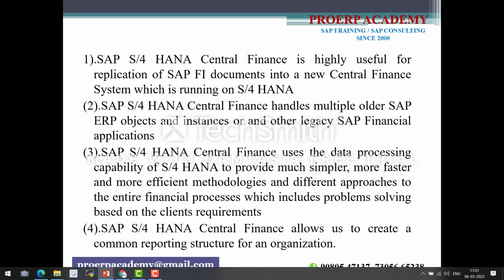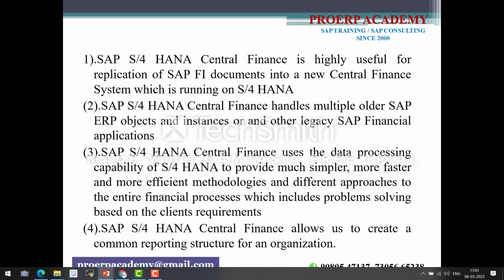Multiple older SAP ERP objects means multiple reports from the traditional SAP FI and CO system, that is our traditional ECC system, and other non-SAP financial applications also. Legacy here means non-SAP system. All should be replicated into our central finance system, which is running on S/4HANA applications.